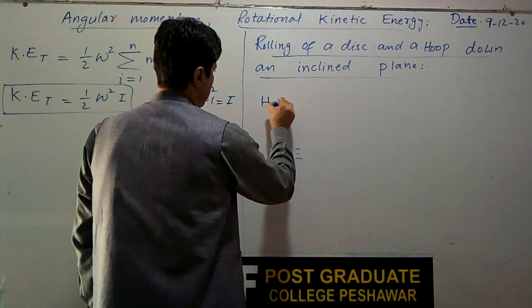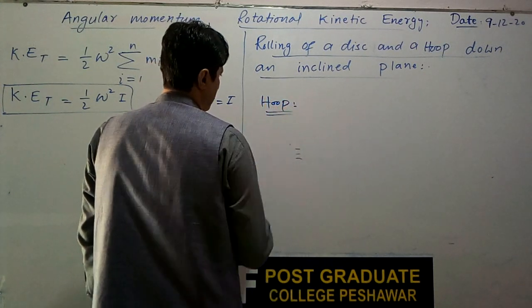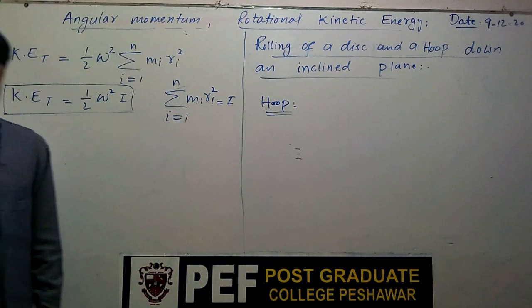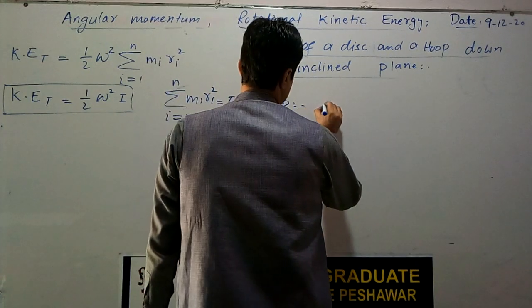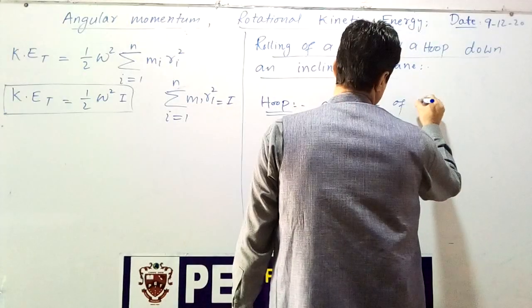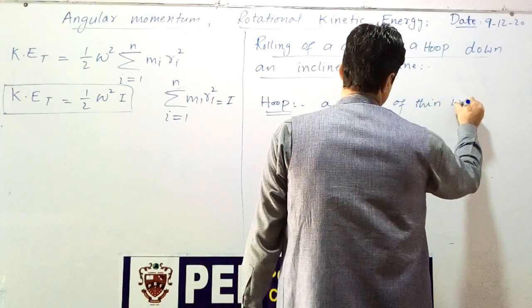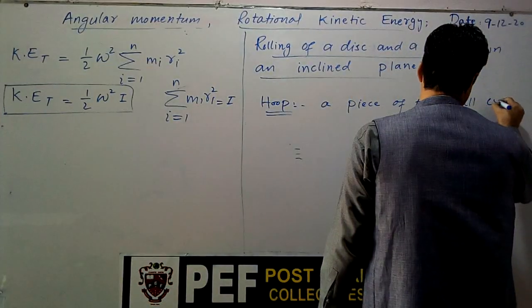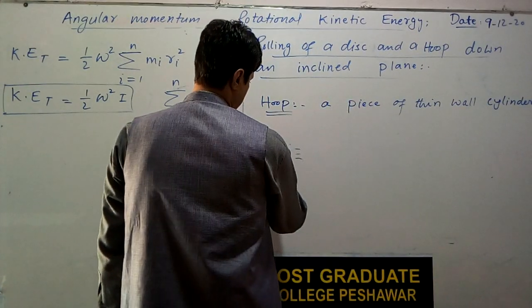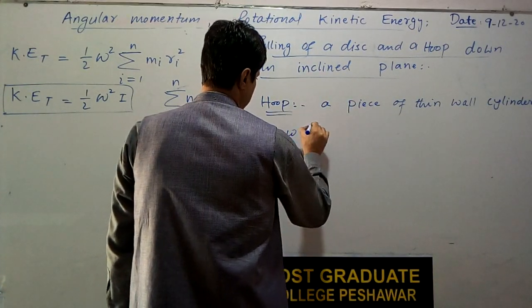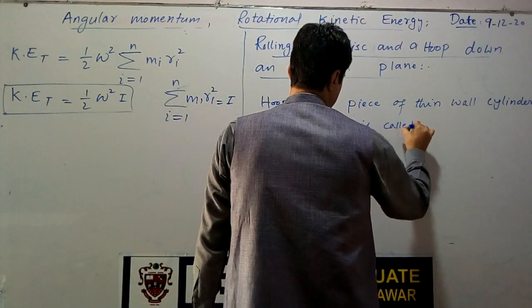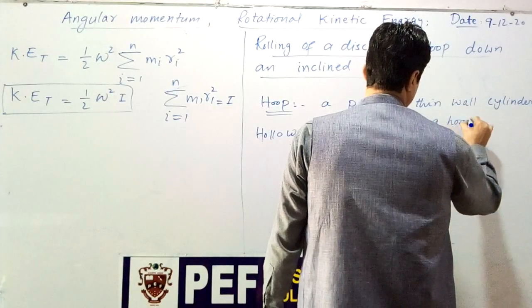A hoop is a piece of thin cylinder or hollow sphere, like this.